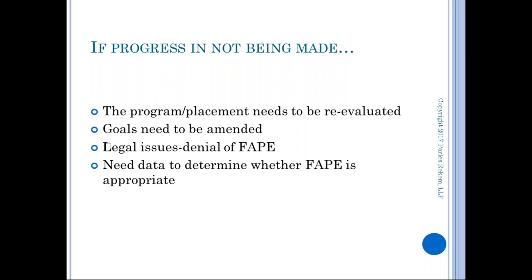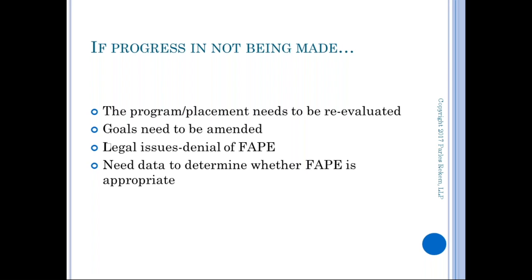Discrete trials in ABA programming is what you think of as where the child is sitting one-on-one or one-on-two with a service provider, and they're going over a skill. That is part of a method of teaching that's involved in ABA. But ABA teaching for children with autism requires not just the taking of data, but the accurate taking of data and the review of the data by someone who's qualified to review it, and significant progress monitoring to make sure there's progress, and then changing things constantly in the program to keep the child moving ahead.